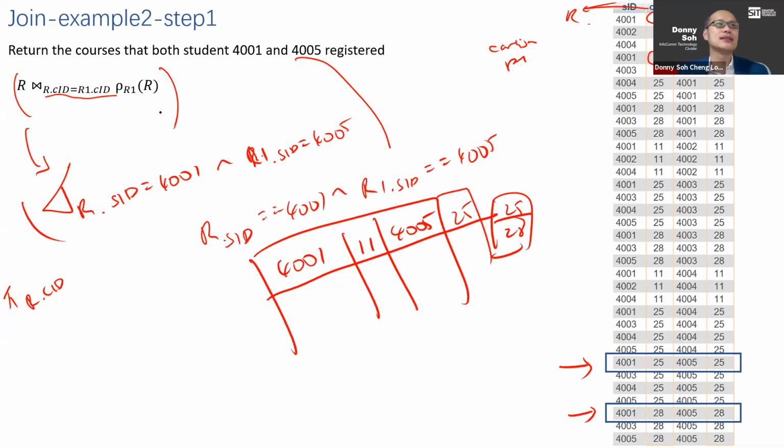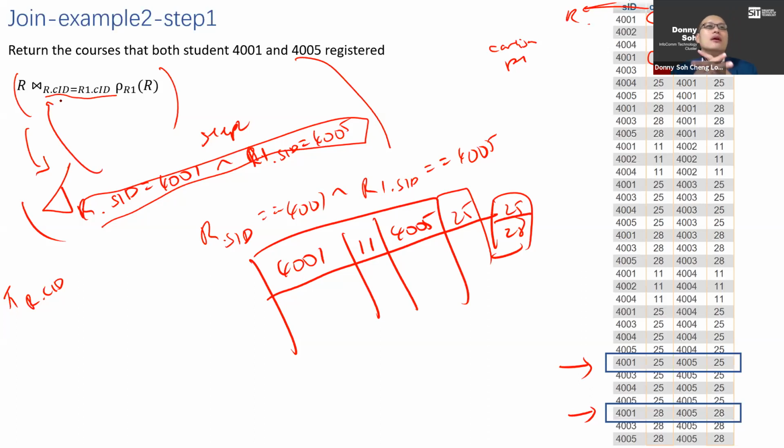So a question was asked: can we combine step 1 with step 2? This is step 2 and this is step 1. Can we combine these two steps, meaning we put this condition also within our join condition? I actually have the feeling that we can do that.